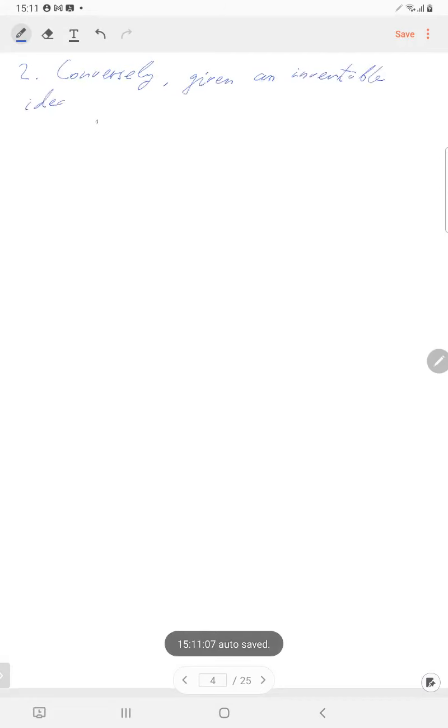Fine. So now let's prove the second claim. So the converse claim. Given an invertible ideal, well, fractional ideal, say J, but maybe not fractional, maybe just a regular ideal like this.